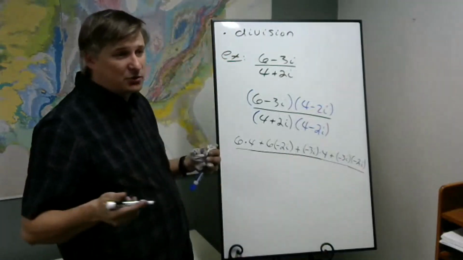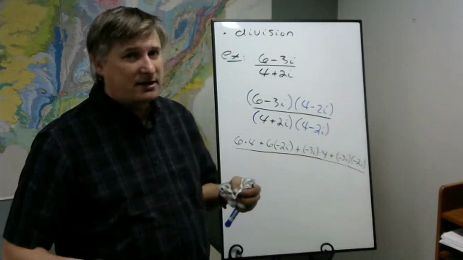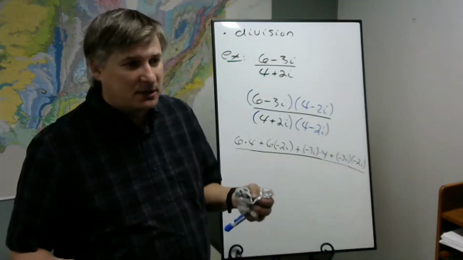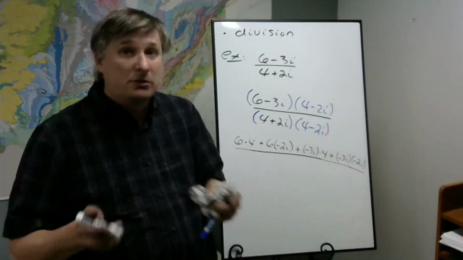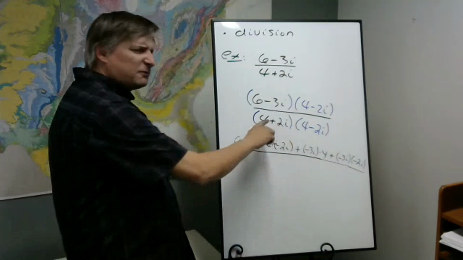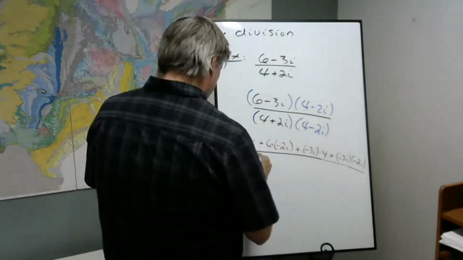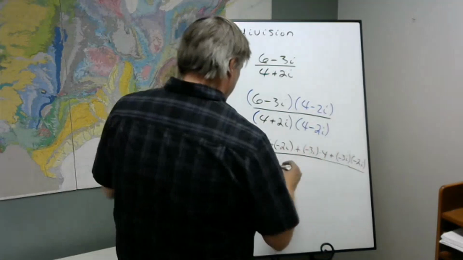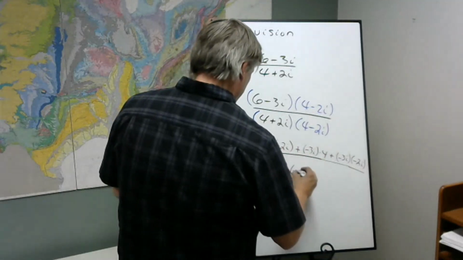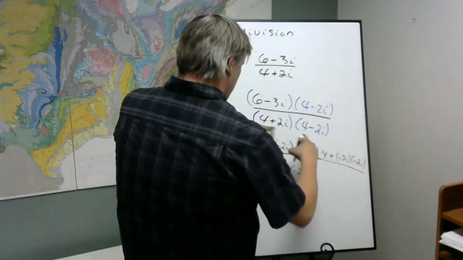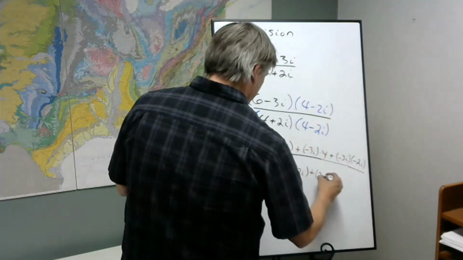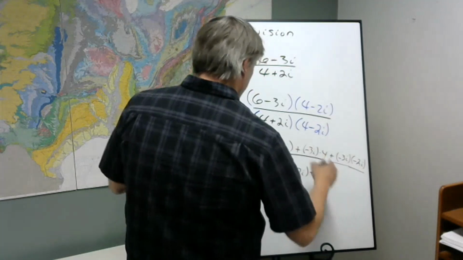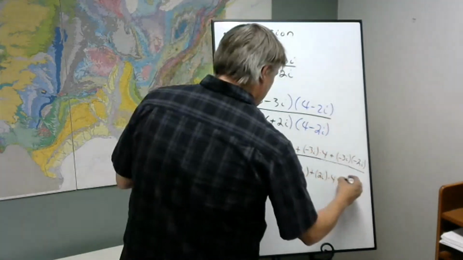But again, you can use that trick that a plus bi times a minus bi is a squared plus b squared. You can use that, that'll work. But if we did FOIL this, again, first and first, outer, inner, last.